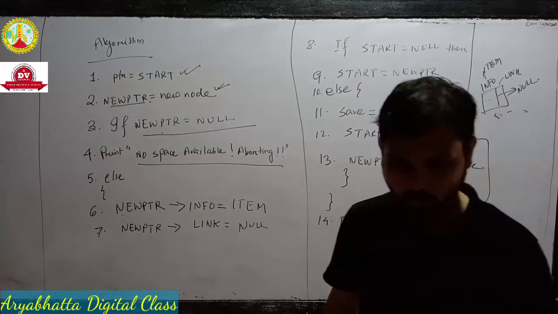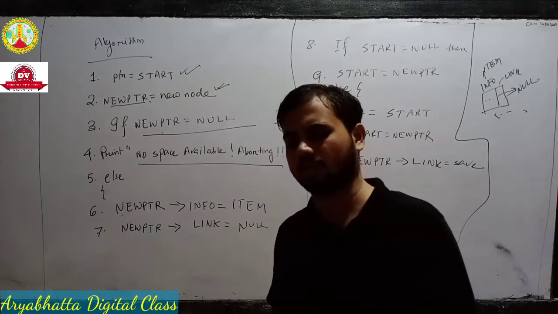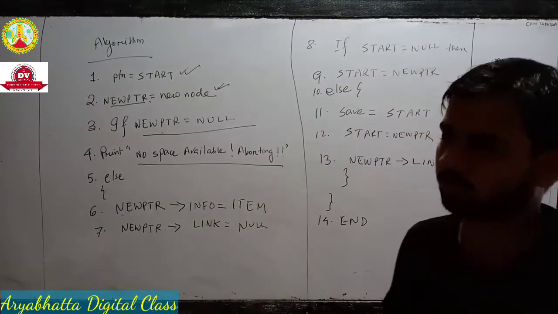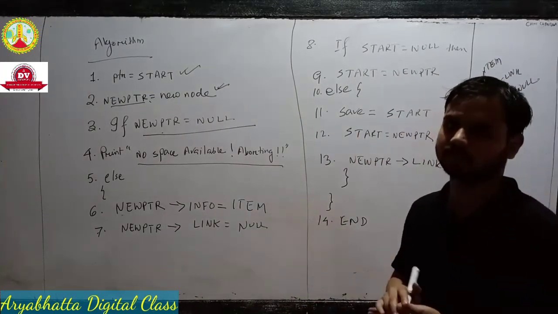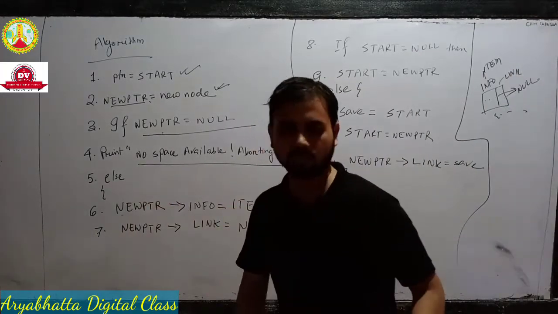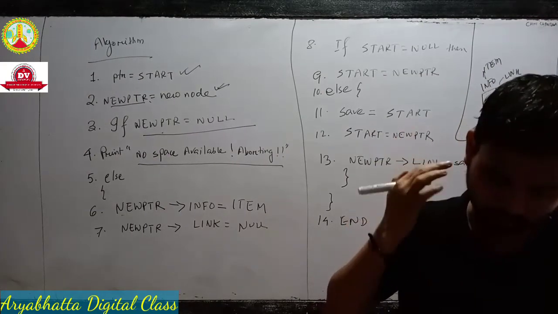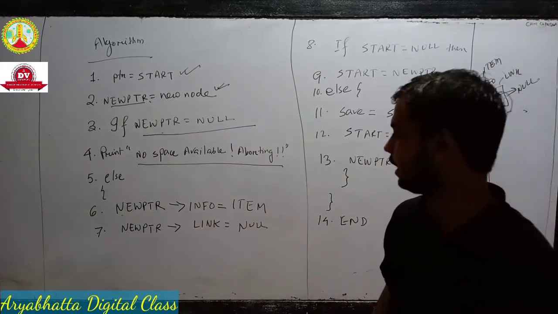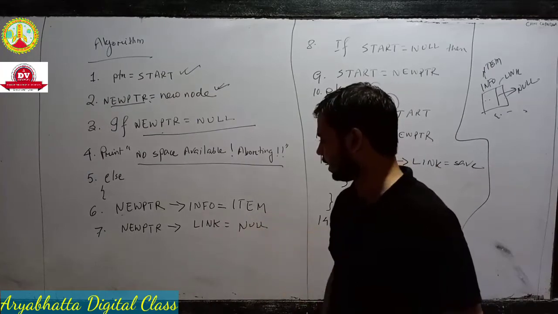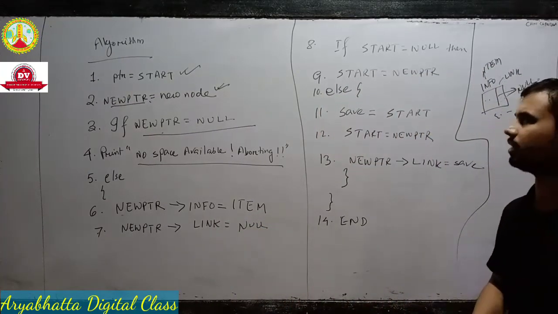If you don't create a new node, how will you insert it? That means no space. Otherwise, if you create the new node, new ptr info will be item and new ptr link will be null, while it is independent.